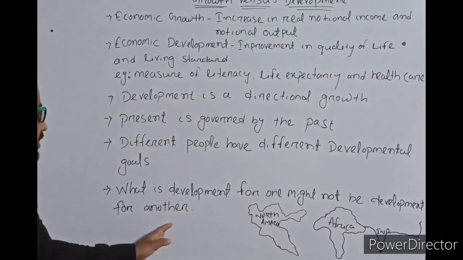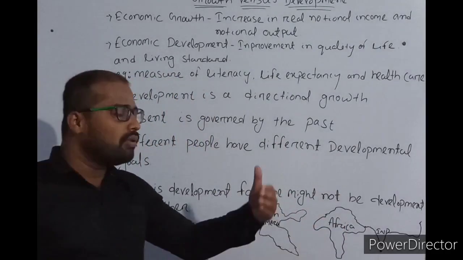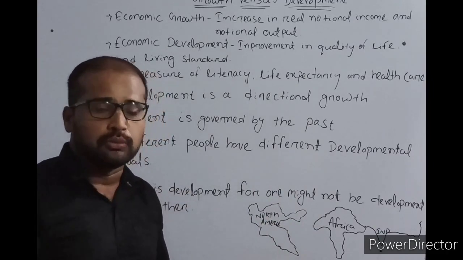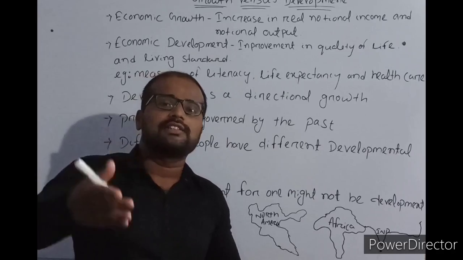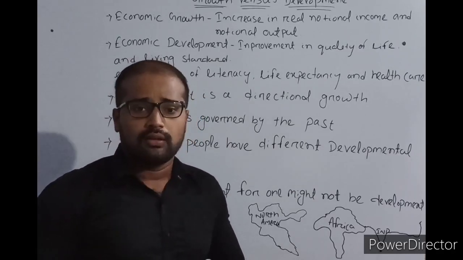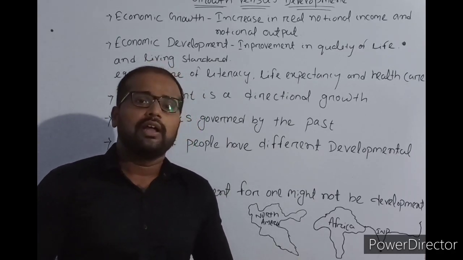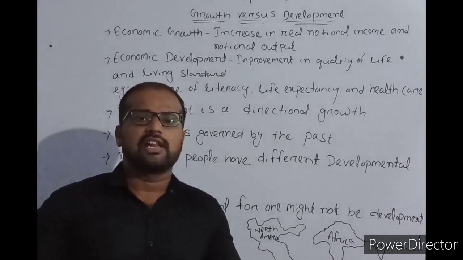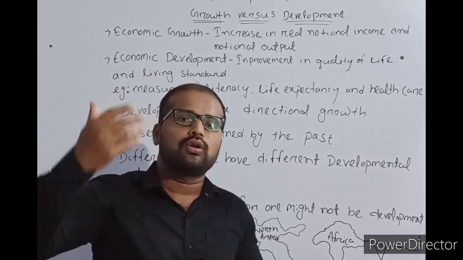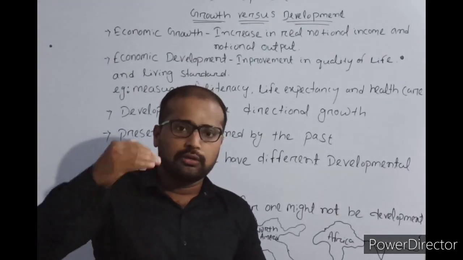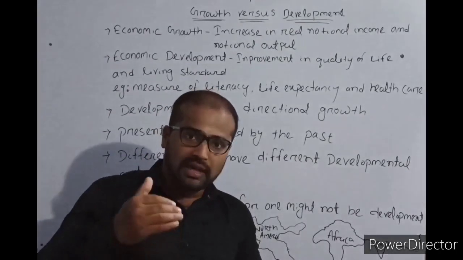The next point is, what is development for one may not be development for another. Suppose what is development for me is not considered development for you. Take an example: a landless labourer's development is how he will get more income, more salaries or daily wages.